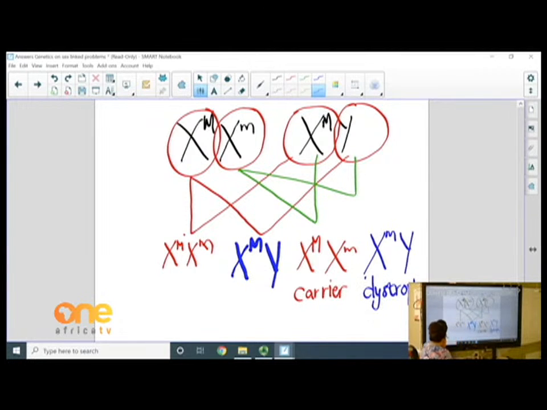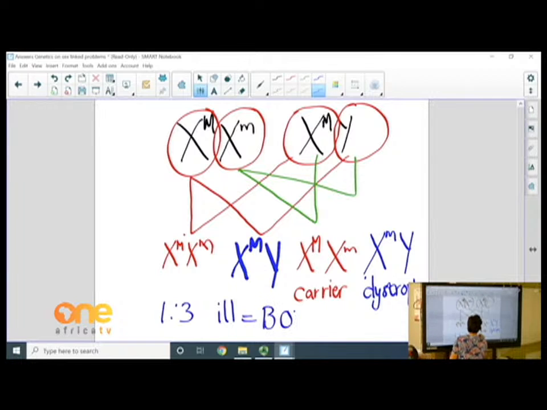You see, so they have a 1 out of 4 chance, 1 out of 3, 1, 2, 3 chance to have an ill child with muscular dystrophy. And it will be the boy.